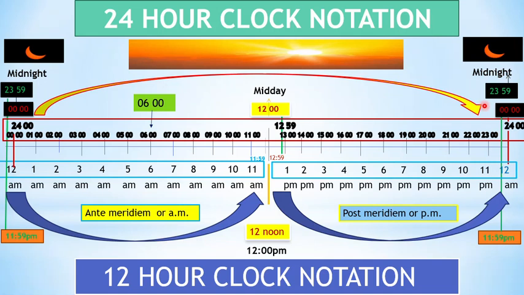When one more minute passes, the clock shows 2400, which indicates the end of the day at midnight. And at the same time, it also shows 0000 again, which means the beginning of a new day.